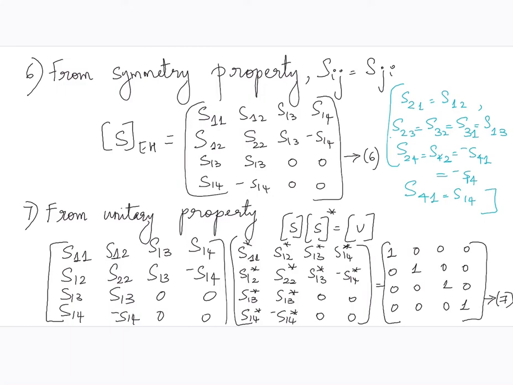Now next, applying the unitary property. As per the unitary property, S into its conjugate is equal to unity. So the same matrix we can denote as S into its conjugate, the same matrix and its conjugate, and that is equal to the unitary matrix.